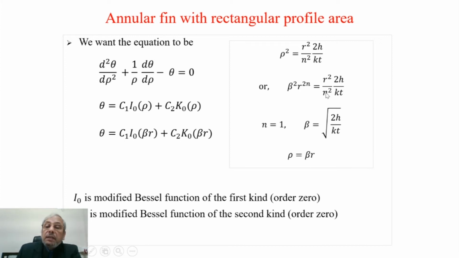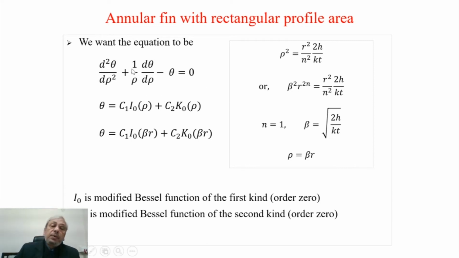Now if we substitute n equal to 1, then beta becomes directly a function of all these physical parameters. And beta becomes root over twice h by kt. And obviously rho becomes, because rho we took as beta r to the power n, so rho becomes beta r.